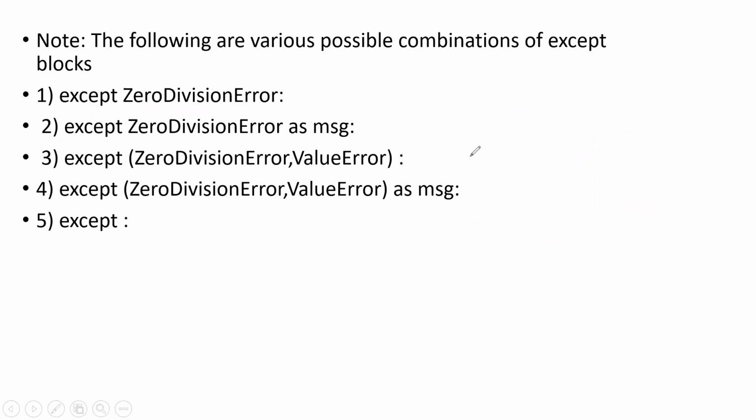It will not consider that. Of course, we can treat it as a message. And in the except block only, we can use multiple errors. Here I'm using ZeroDivisionError, ValueError in the parentheses. Or else you can see like this. There are five ways you can represent the except block.